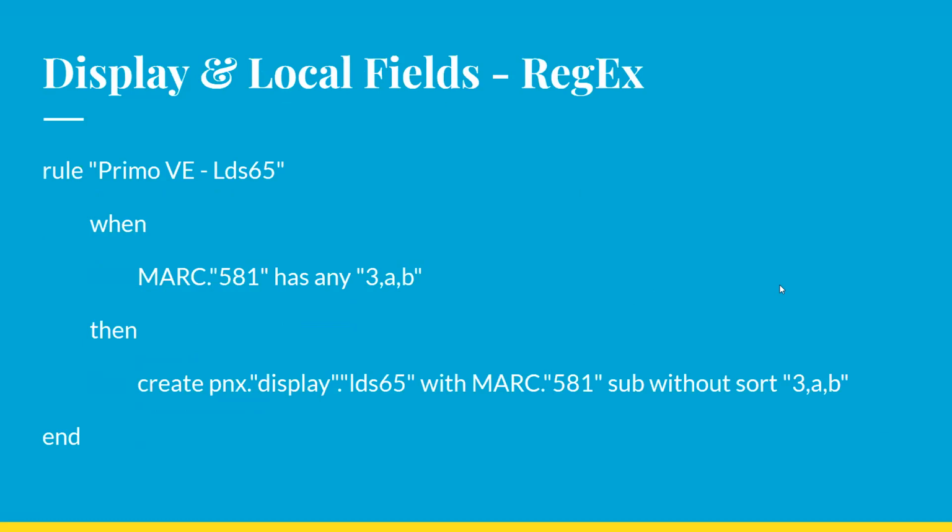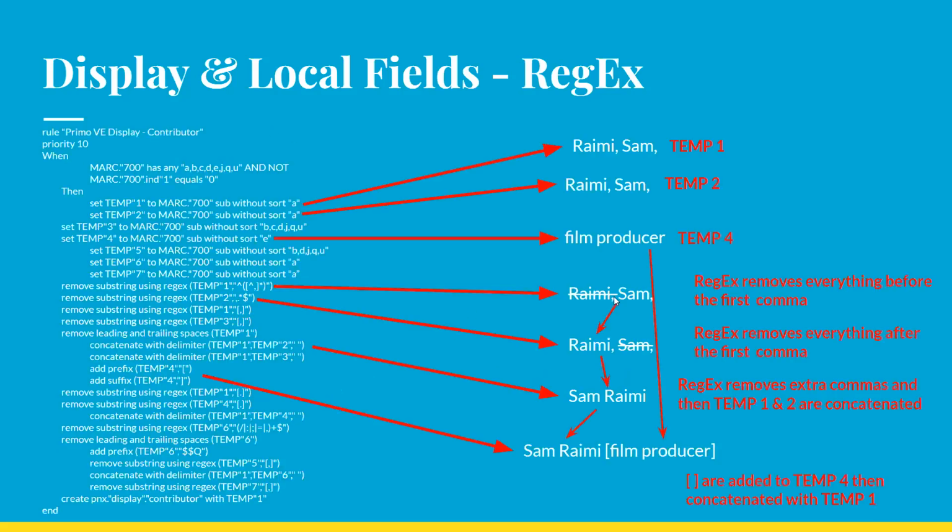And with a nice simple example, one of our local fields, LDS65, which I think is publications or publisher info. When MARC 581 has any of those subfields, create LDS65 in the display with the subfields from MARC 581. Very simple, very readable. But then you have examples like that, which is one of our contributor norm rules.